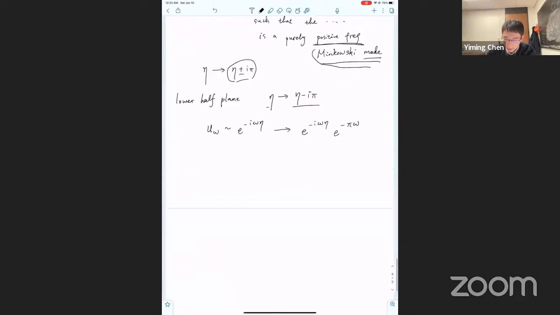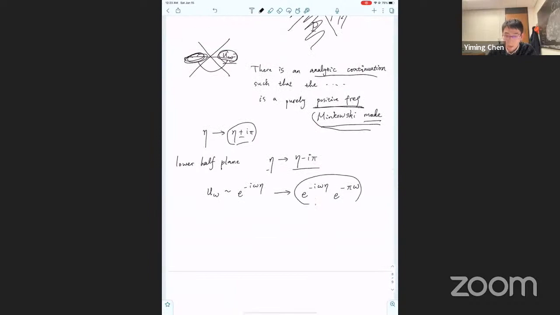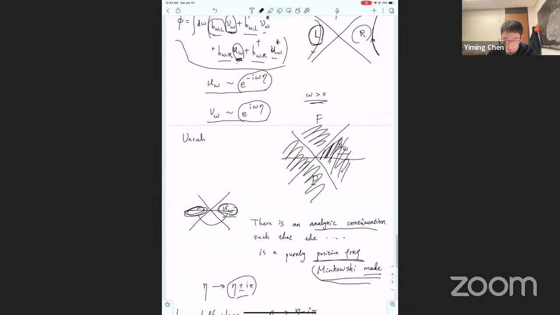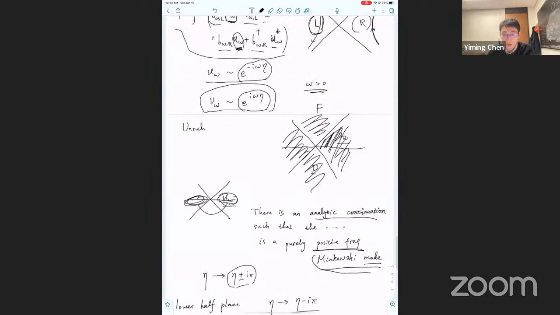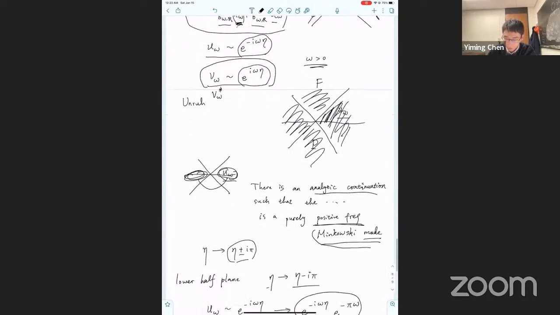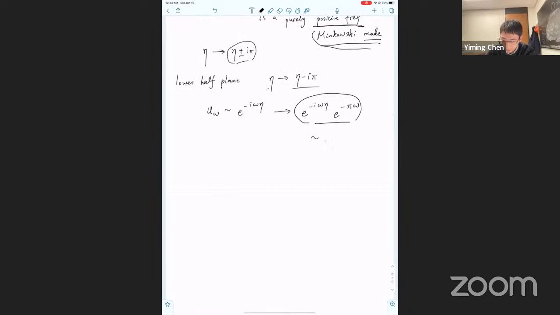And as I said, we will interpret this as now a mode function in the left wedge. And what will this mode function in the left wedge be? It will not be the positive frequency solution in the left wedge, because that depends on eta as e to the i omega eta. But it will be the complex conjugate of that. In other words, it will be the negative frequency solution in the left wedge. So that tells you that this will be e to the minus pi omega times v omega star, the complex conjugate of that.